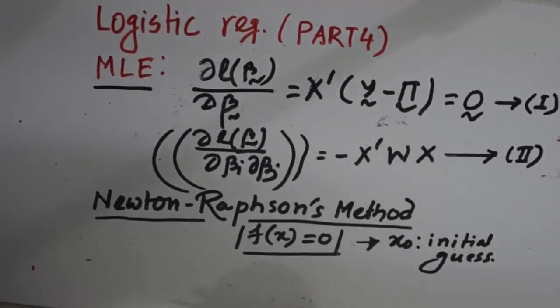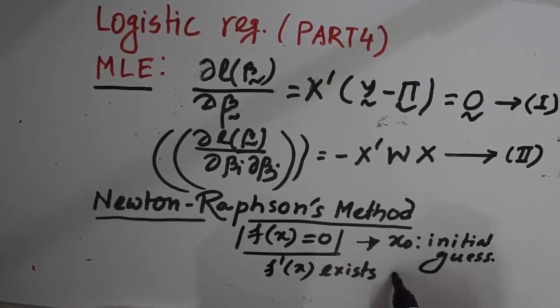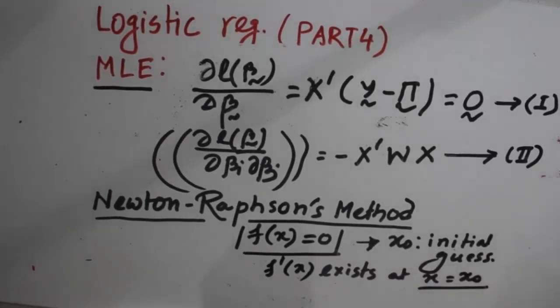And assume the first order derivative of f(x) exists at x equal to x naught.